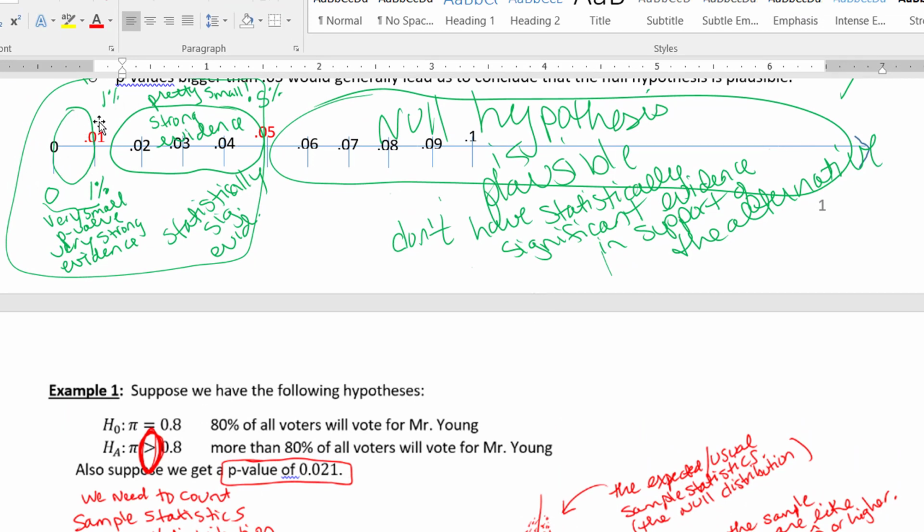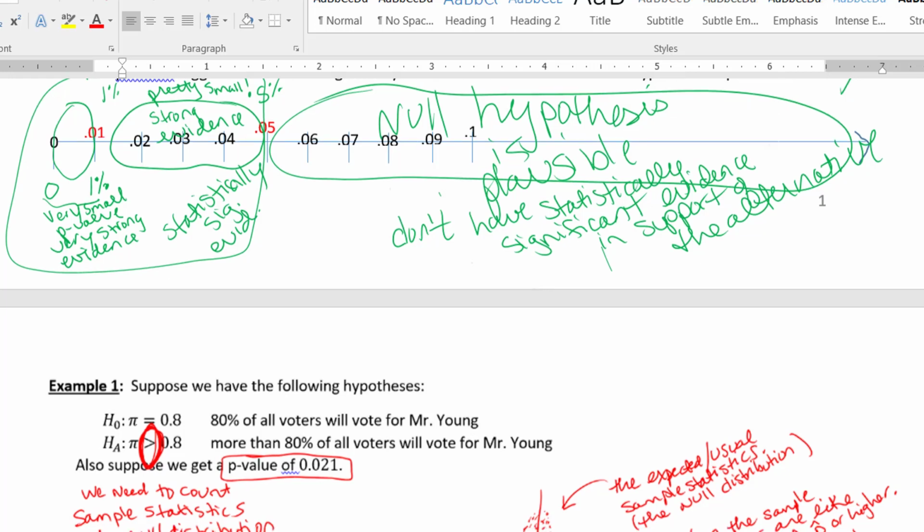P-values between 0 and 0.01, you should say you have very strong evidence in support of the alternative hypothesis. P-values from 0.01 up to 0.05, it's strong evidence in support of the alternative hypothesis. P-values bigger than 0.05, 5%, means that the null hypothesis is plausible.